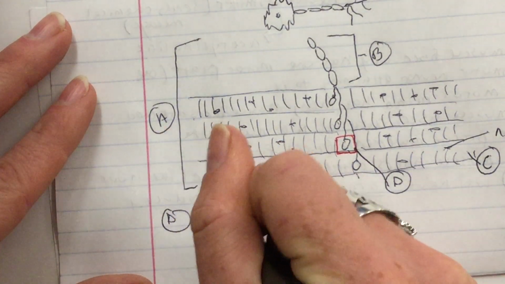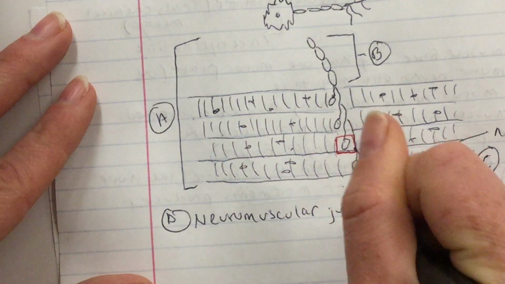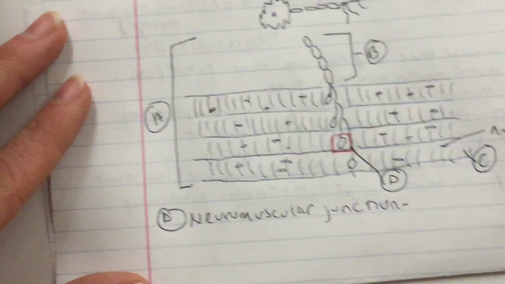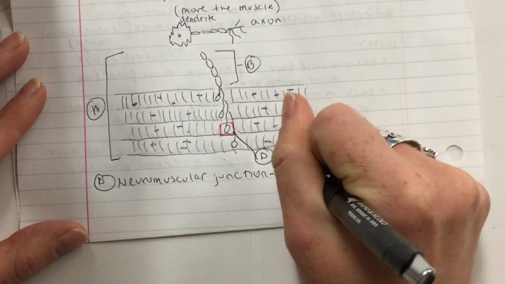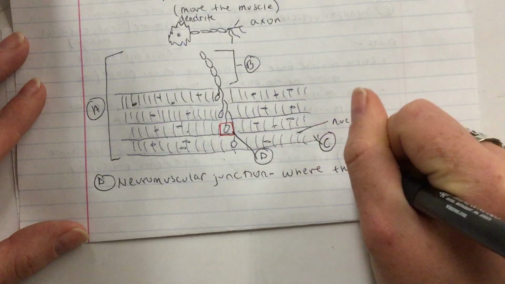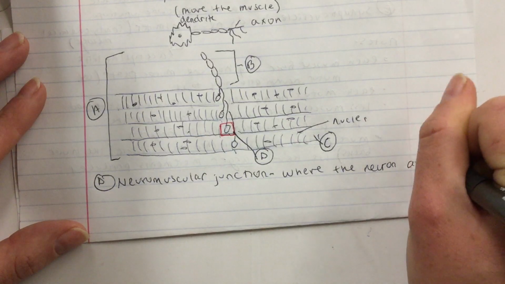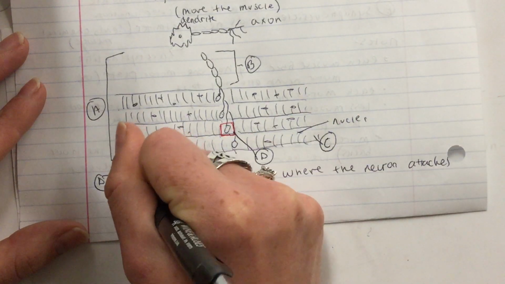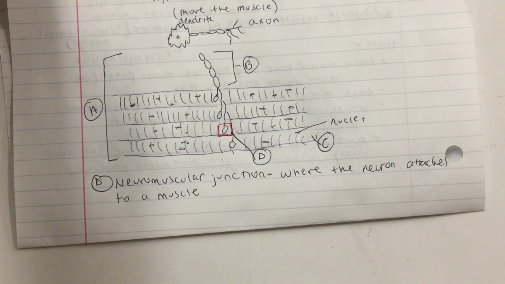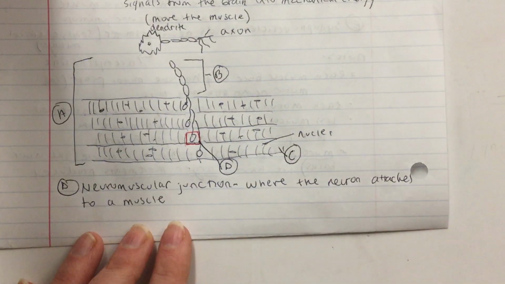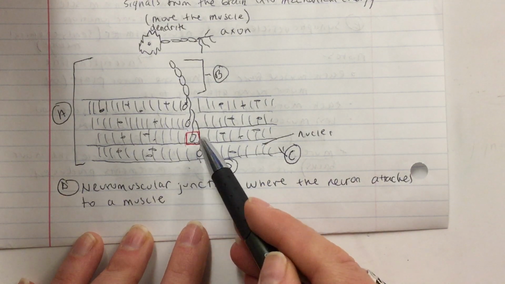So D is the neuromuscular junction. And it's where, I should zoom out a bit, where the neuron attaches to a muscle. Okay. So right here, where we have our neuron attaching to a muscle fiber.